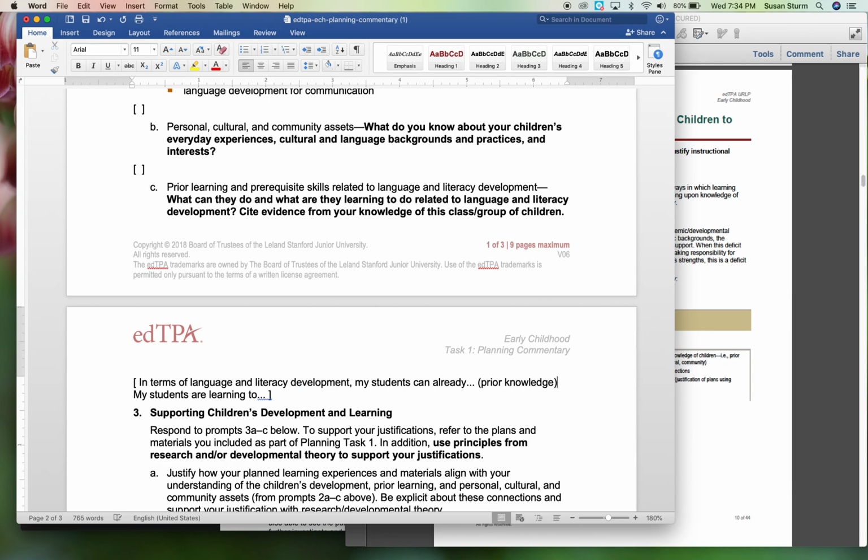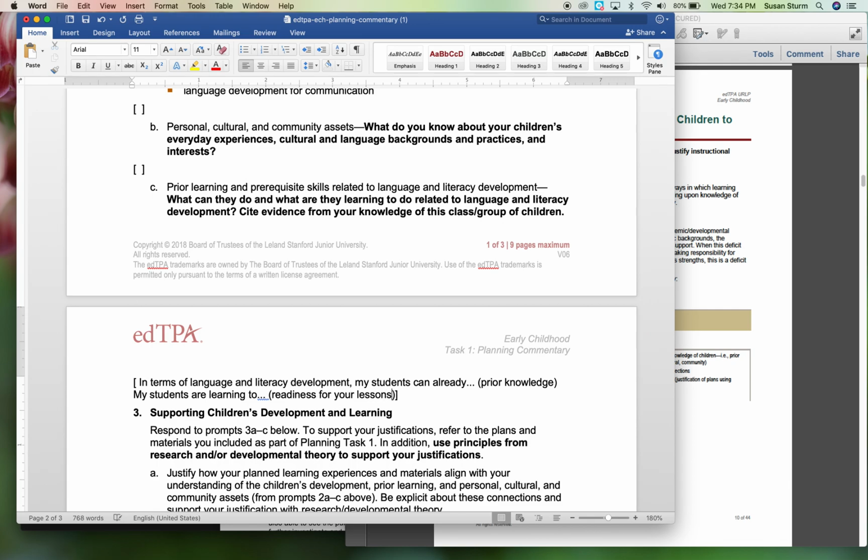My students are learning to is where you're going. So this would be all about how you know that they're ready. So this is really like readiness for your lessons. How do you know that they're ready?